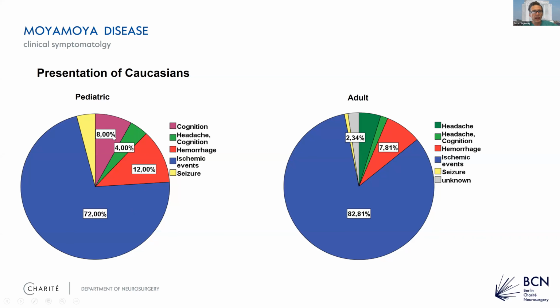Then 8% without headache, only neurocognitive decline, just parents reporting that patients are not doing so well in school or are developing less well. And then it's an important differential diagnosis in pediatric patients when it comes to seizure. So moya can be one rare differential diagnosis for seizure.